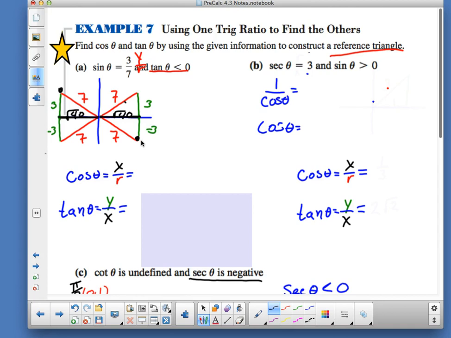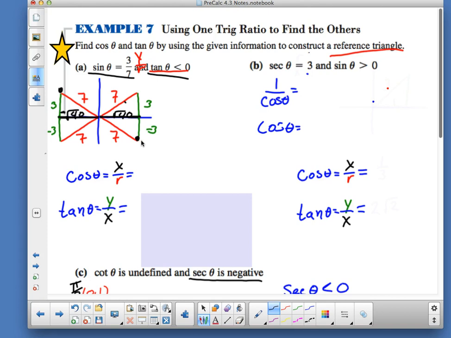So based on the information I got from this problem, I went from 4 possible reference triangles, because I had a 3 and a 7, and I had this, and this should be a negative, by the way, negative square root of 40. I found out that tangent theta is negative. Well, I know tangent theta is negative when sine and cosine have different signs, okay?